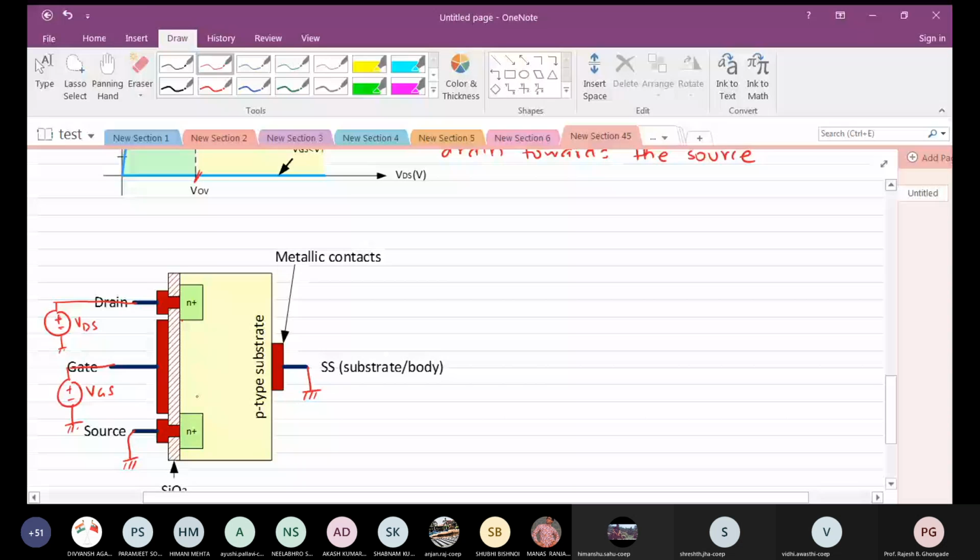If I further increase VDS, this point moves like this. If I still increase VDS, it moves like this. So this pinch-off point is moving away from the drain and towards the source for increasing values of VDS. Of course, I'm exaggerating here. Are you getting this?